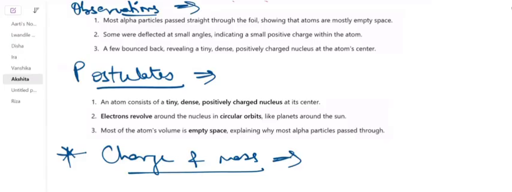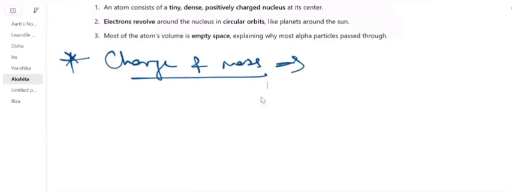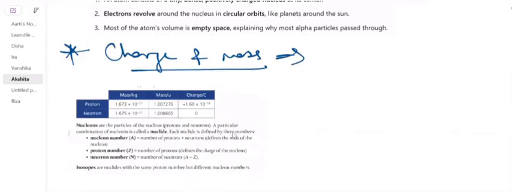Okay, now check what is charge and mass. This is again very basic knowledge. What is the mass found in a proton and an electron?